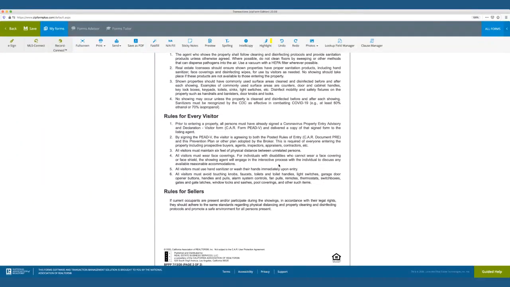What are those reasonable accommodations? Nobody knows. So have a conversation, make your sellers aware. It's always up to the seller whether to allow that person to visit that property or not.